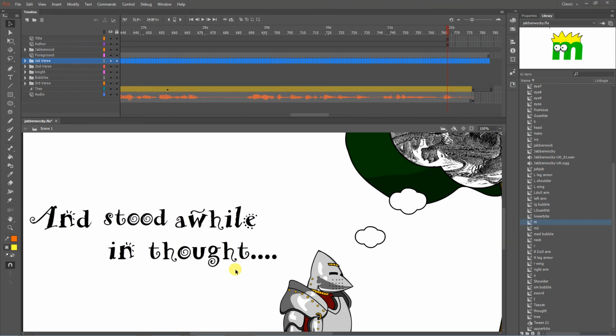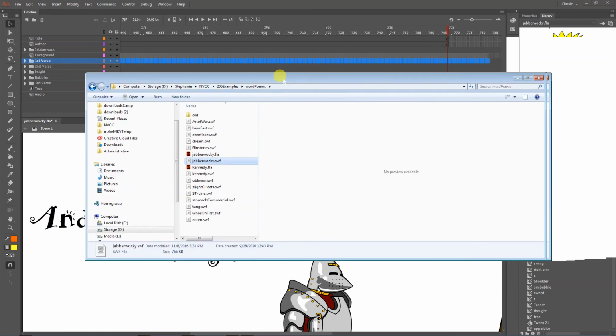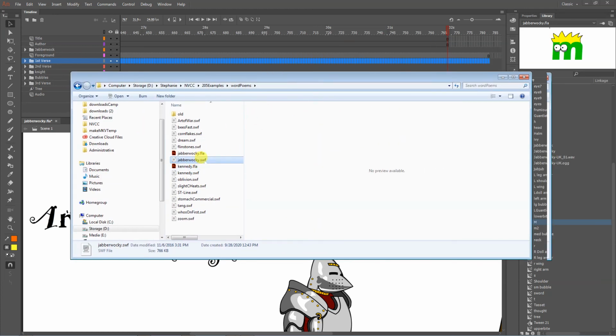Those, if you install them on your computer, that's great. They don't show up on anyone else's. So when you submit this to me, make sure you're always including the SWF file, and make sure you're kind of hanging on to those typefaces just in case. You also do have to submit the Flash file just so I can have it.